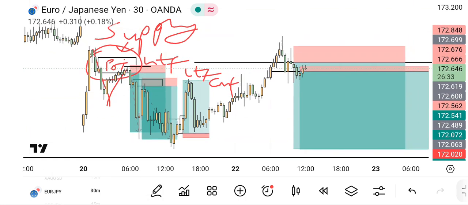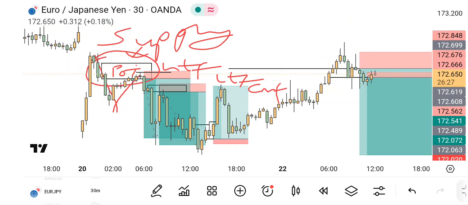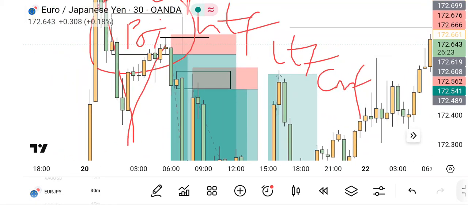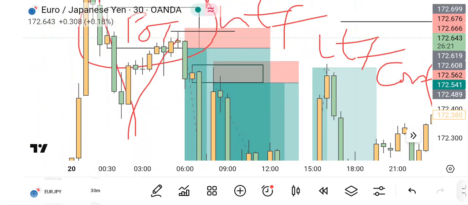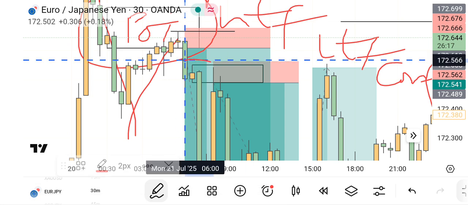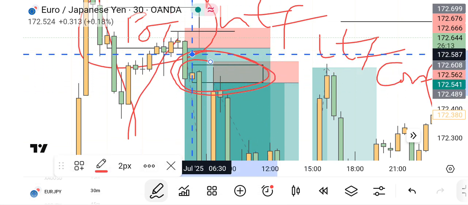So we go, and for this one too, for this second entry here, for this second trade here, see the price came back to this zone too, which is the supply zone as well.